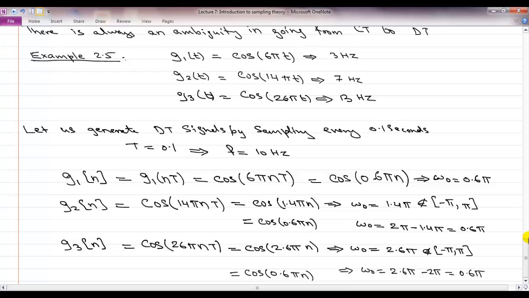And the only safe guess I can make, and that is the right guess because of the theory we'll develop, is let's go with the smallest sinusoid, because if that was the original sinusoid, then there's no way we could have gotten another one. So this example demonstrates the notion of ambiguity that is always associated when you are sampling continuous time.